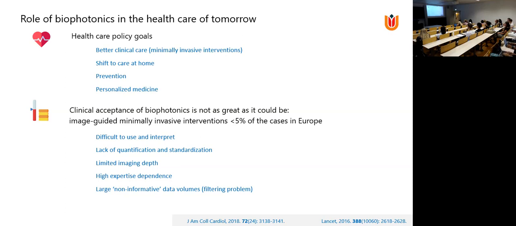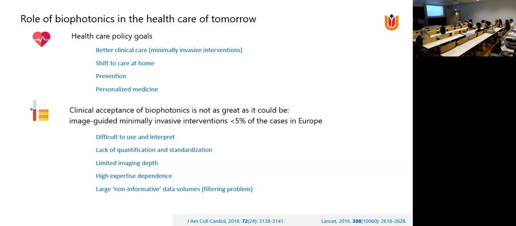So you either have to make a better presentation of the data, or you have to train people in what is working and what we will see. A big problem is lack of codification and lack of standardization, meaning that if you buy one machine from one vendor, it will give you some numbers, and if you buy the same machine from another vendor, it can give you different numbers. So that is, of course, not desirable.